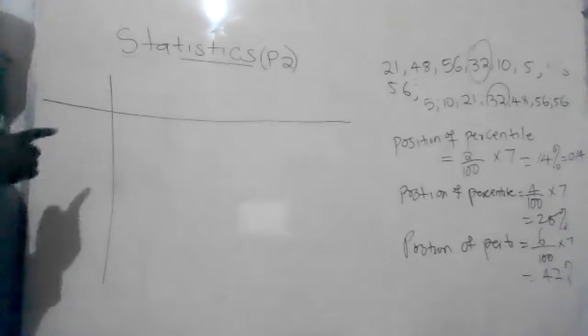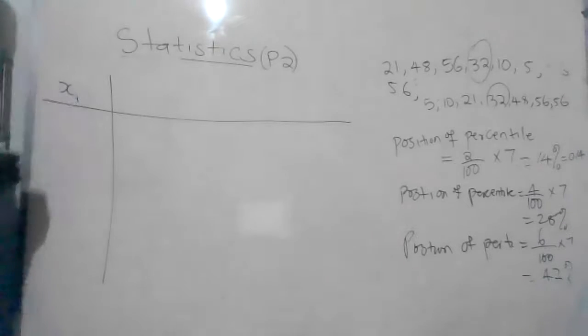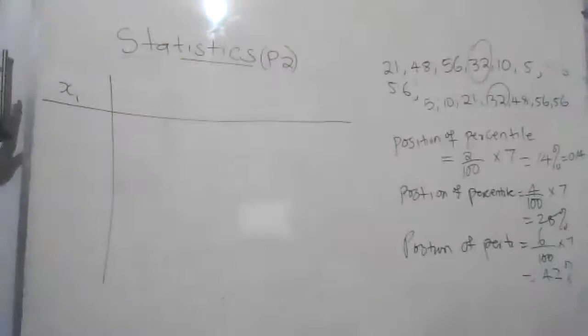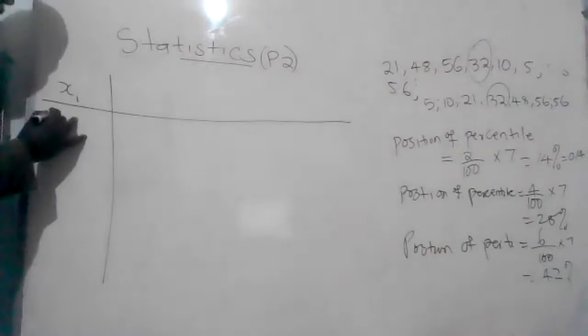So you must draw a table, in which you are going to have the X values. X values are all the values given in the data set, whether they are in order or not, it doesn't matter. But let me use the one with the data in order.